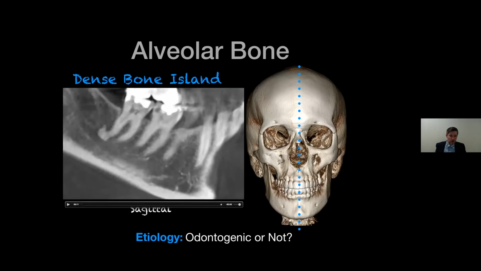This is a pretty common finding that we see incidentally a lot of times in scans. These usually stop increasing in size with age. As a patient reaches skeletal maturity, these will usually stop growing. This is not necessarily pathologic. It's just an area of dense bone.